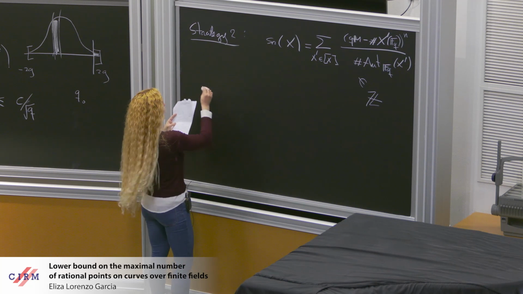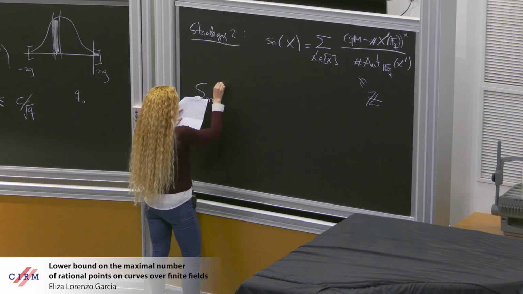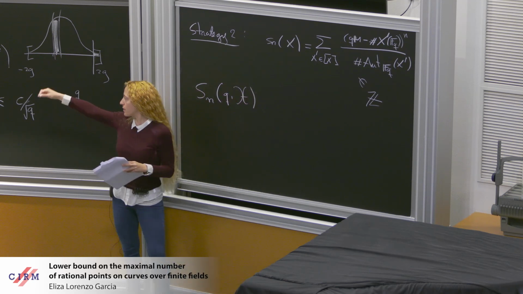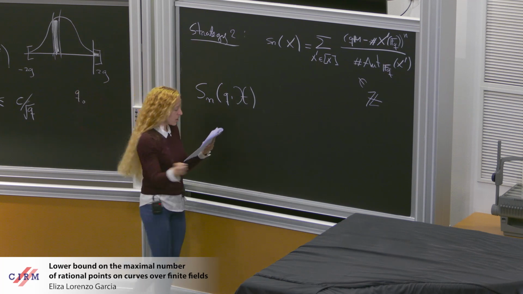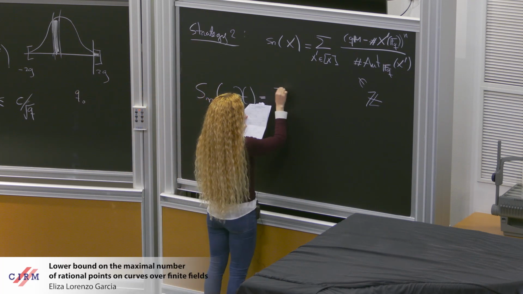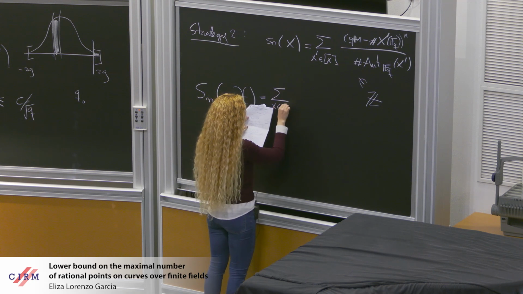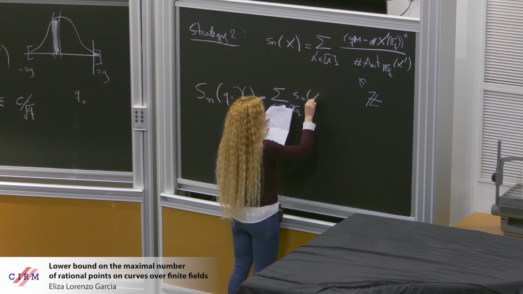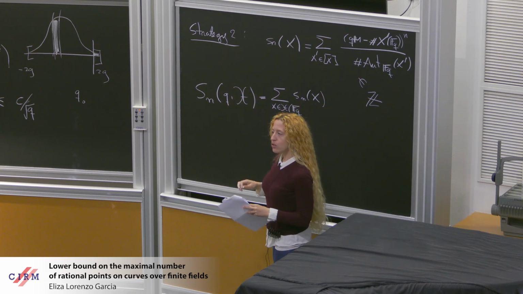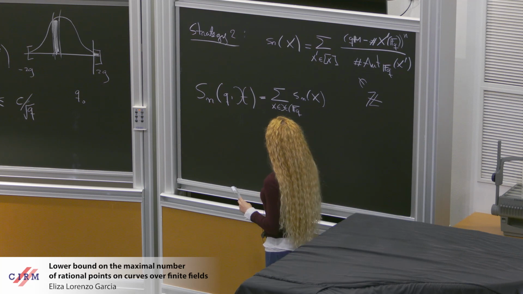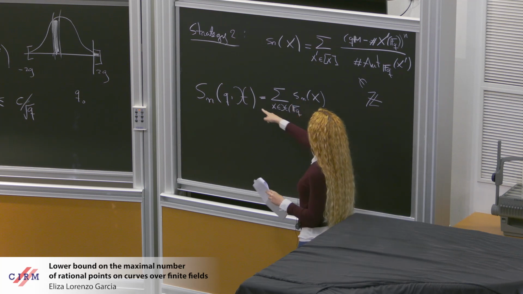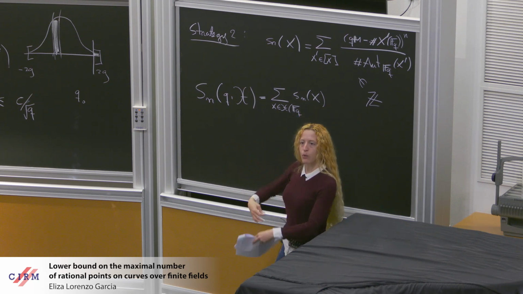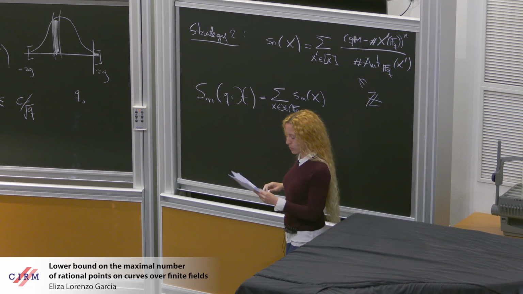And now we define the following. For a family of curves, and you can think of family as a modular space a little bit, we consider the sum, for all the curves in the family, of these values. Basically, if you divide by the cardinality of the family, you get the average of the n-th power over all the curves in the modular space.